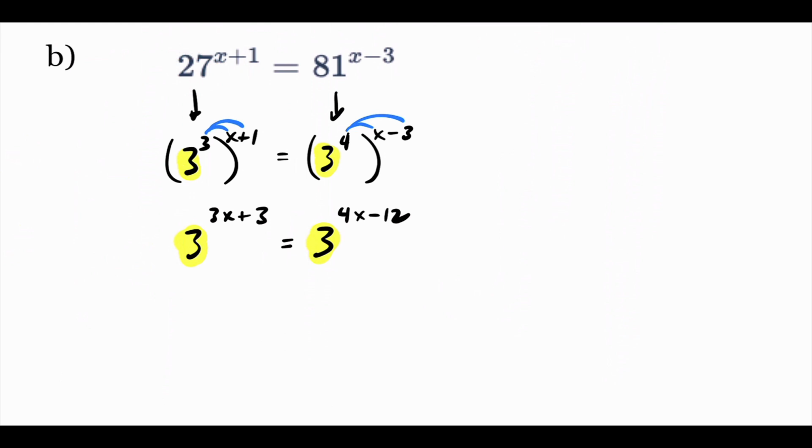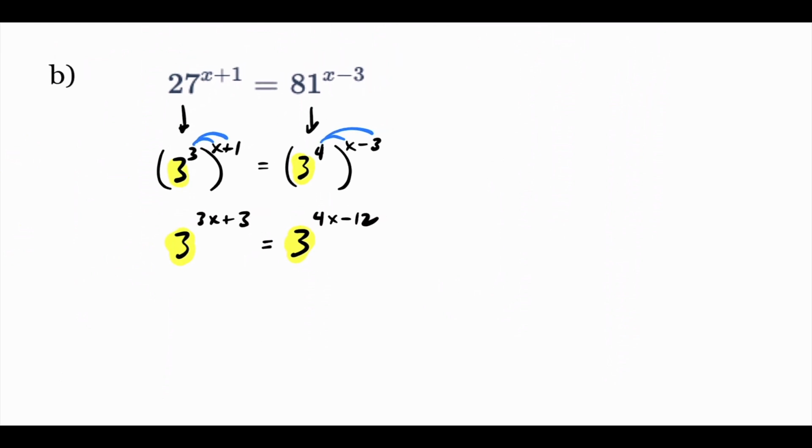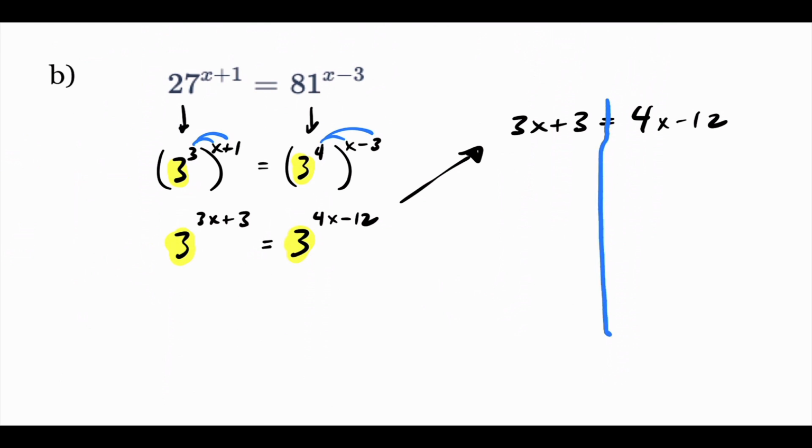Okay, bases are the same. Once the bases are the same, I can set the exponents equal to each other, because by rule, those have to be the same as well. You can subtract 4x or you can subtract 3x. It doesn't matter.